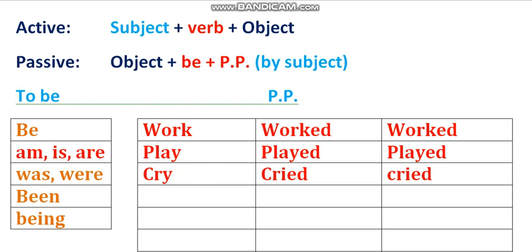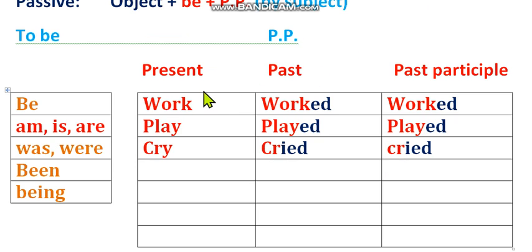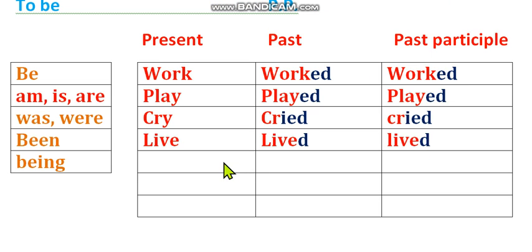Here we added ied because normally the y is changed into ied. So this is the present, the past, and the past participle. Another example, live, lived, lived. That's for the regular verbs.